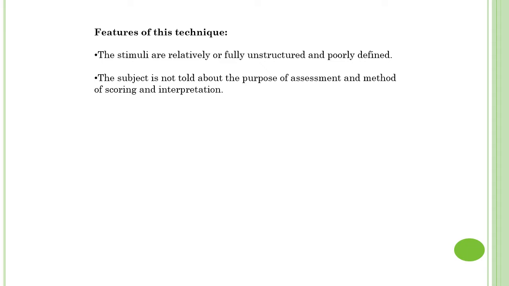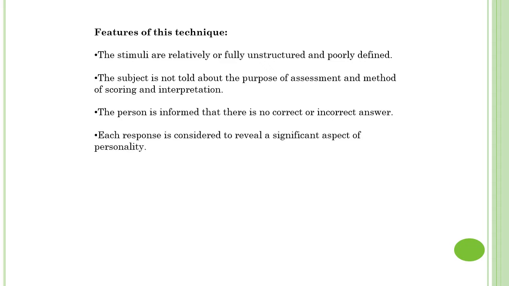But while conducting projective techniques, the subjects are not told about the purpose of assessment, nor the method of scoring and interpretation. Number three, the person is informed that there is no correct or incorrect answer. Number four, each response is considered to reveal a significant aspect of personality. Number five, scoring and interpretation are lengthy and sometimes subjective. So these are the five important features of the projective technique.